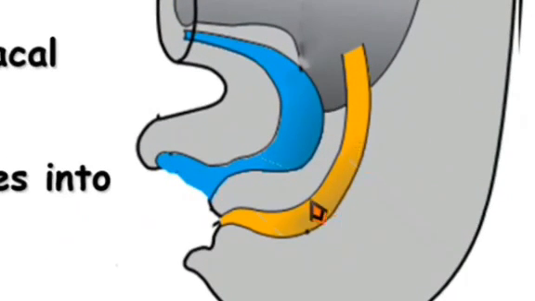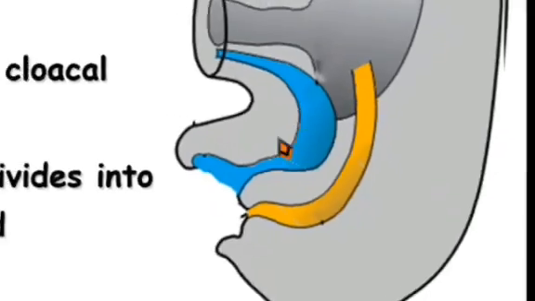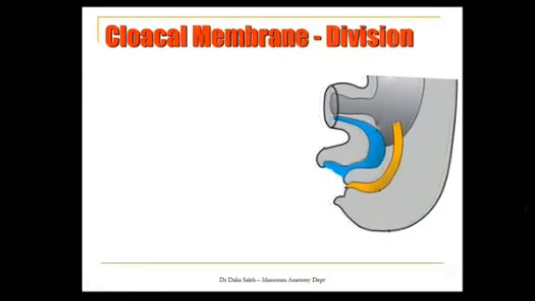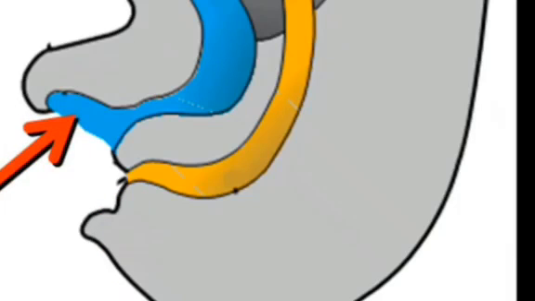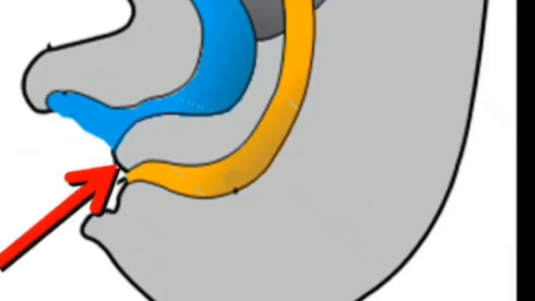Dorsally, the anorectal canal, and ventrally the urogenital sinus. Also, the cloacal membrane divides into two parts, dorsally the anal membrane and ventrally the urogenital membrane. And the tip of the urorectal septum lies in between both of them and will form the perineal body.